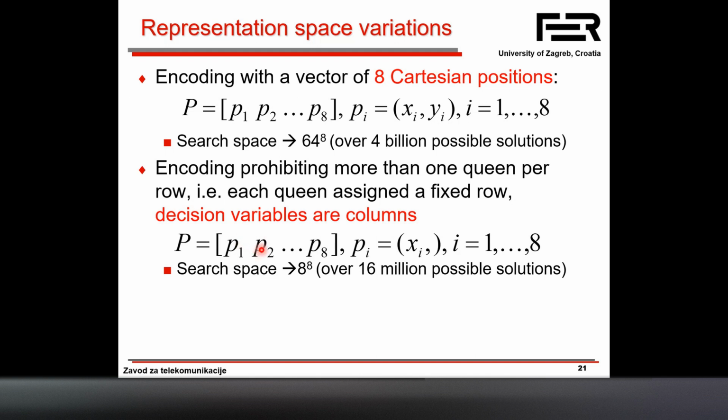This is going to be row 2, and it's going to indicate which column the second queen is going to be, and so on. This is going to be the 8th row and indicate which column. So we fix the rows, and the decision variables are simply the columns. In that case, we have 8 to the 8th, so 16 million possible solutions.